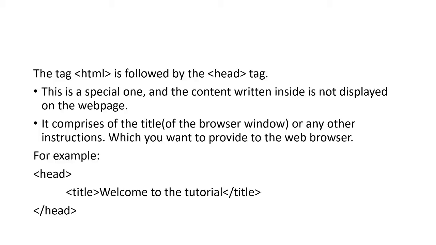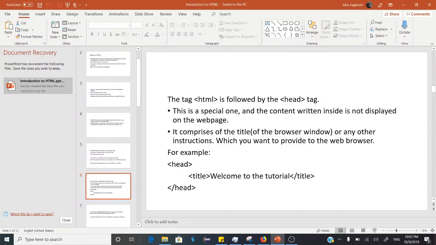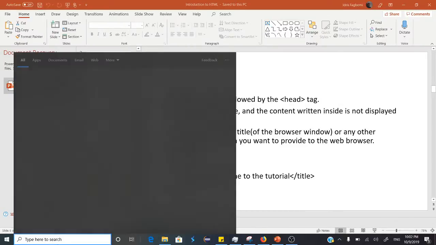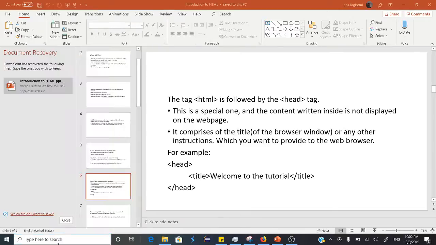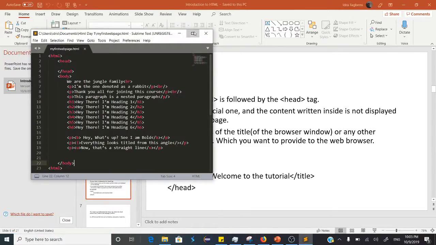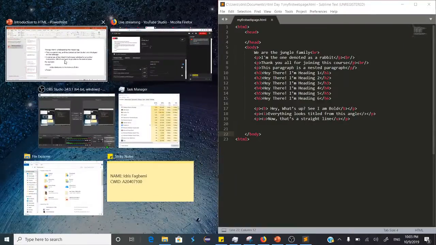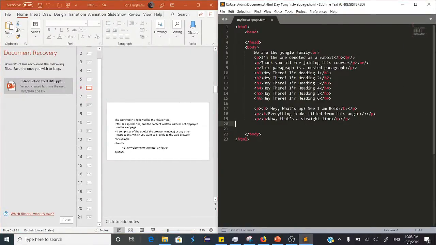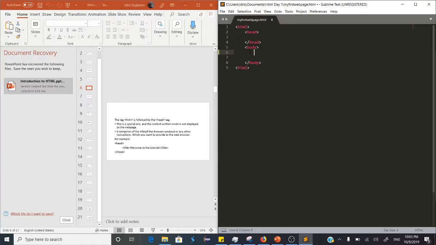So for example, I have this title here where I said welcome to the tutorial. So if I put this code in a text document, then it will bring out welcome to the tutorial. So let me open my text editor here. Let me clear this, delete.